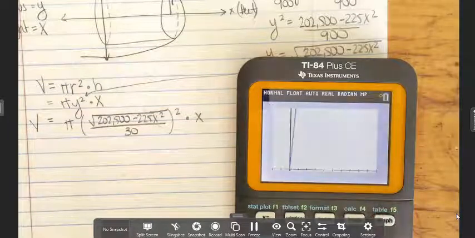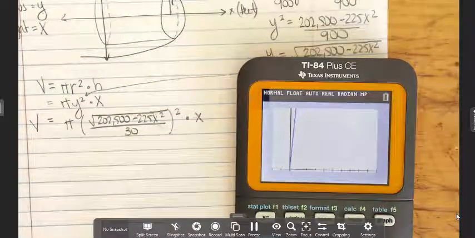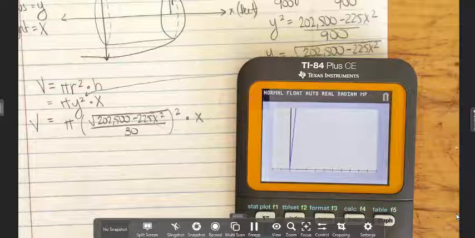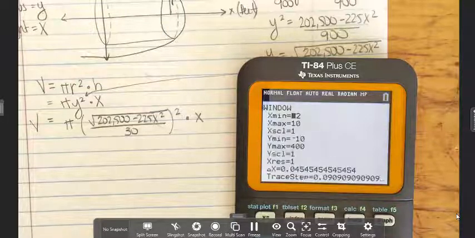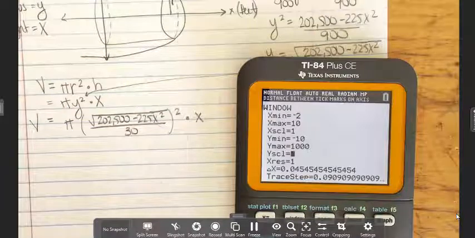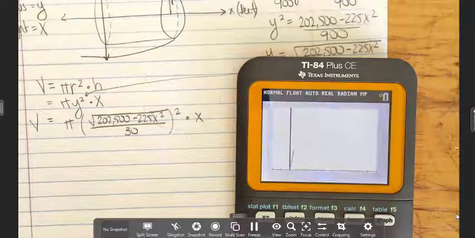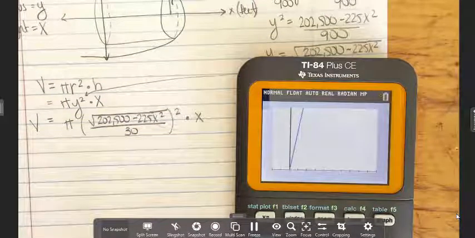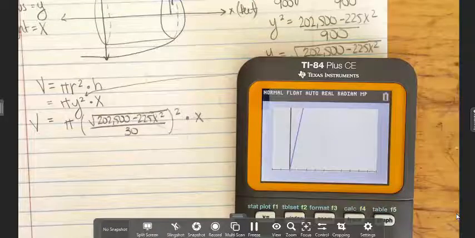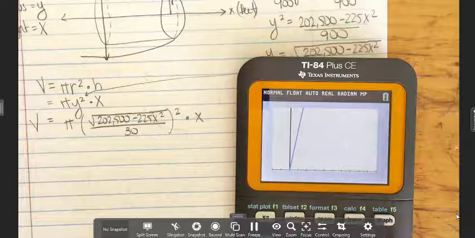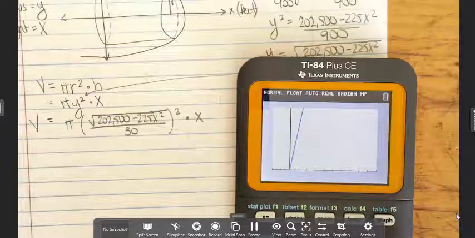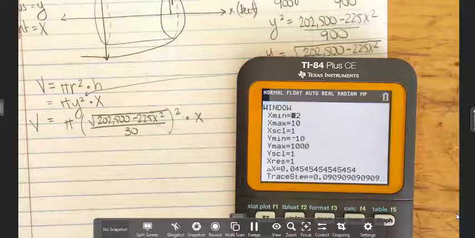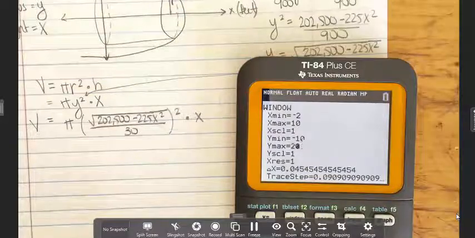Let's see what we got going on here. Ooh, definitely not tall enough. Let's go to 1,000. Oh, still not big enough. I think I'm also going to change... no, let's keep going. Window. Let's put 2,000. I have no idea.